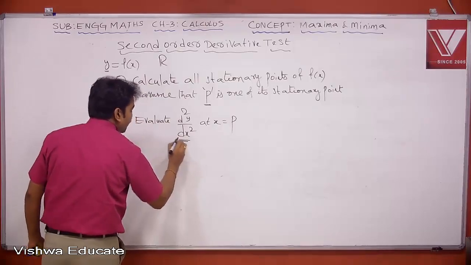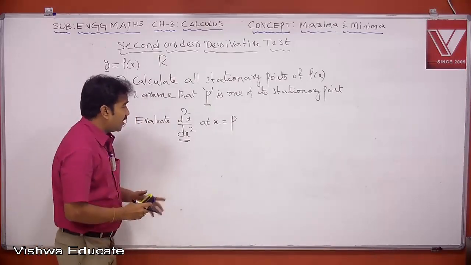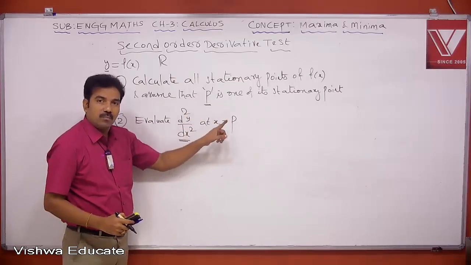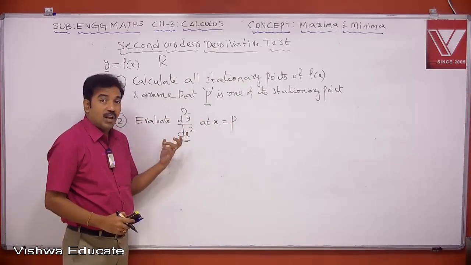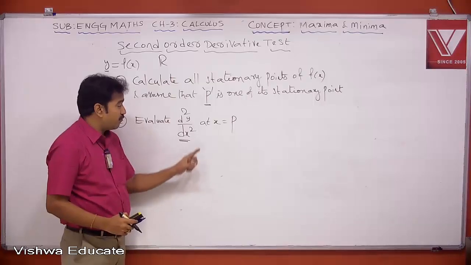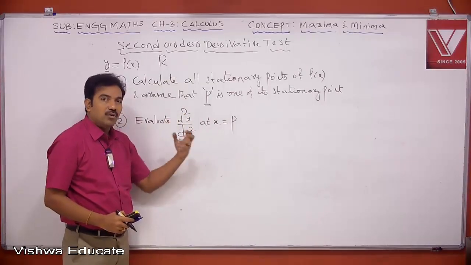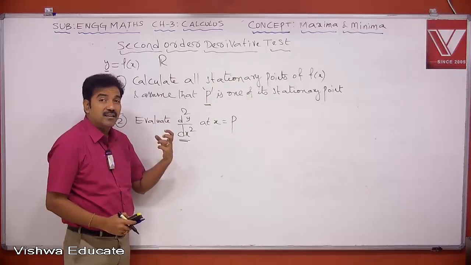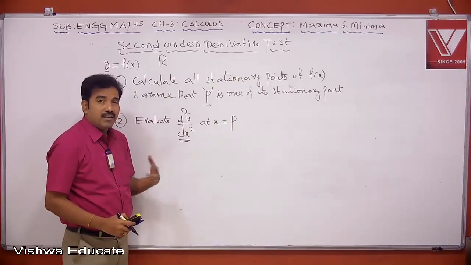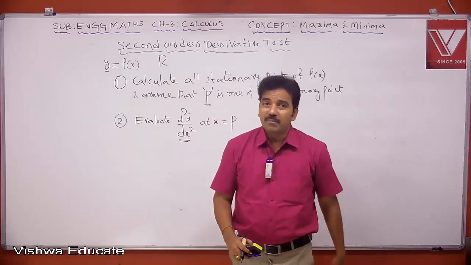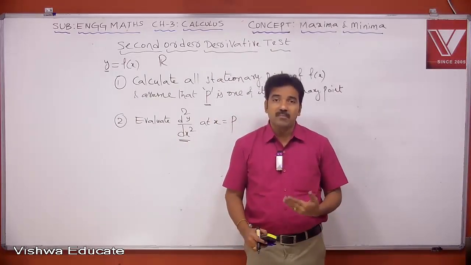And this factor will decide about p, whether p is a local minimum or p is a local maximum. Therefore, this is a deciding factor to say about the value p, because stationary points behave differently in terms of functions.